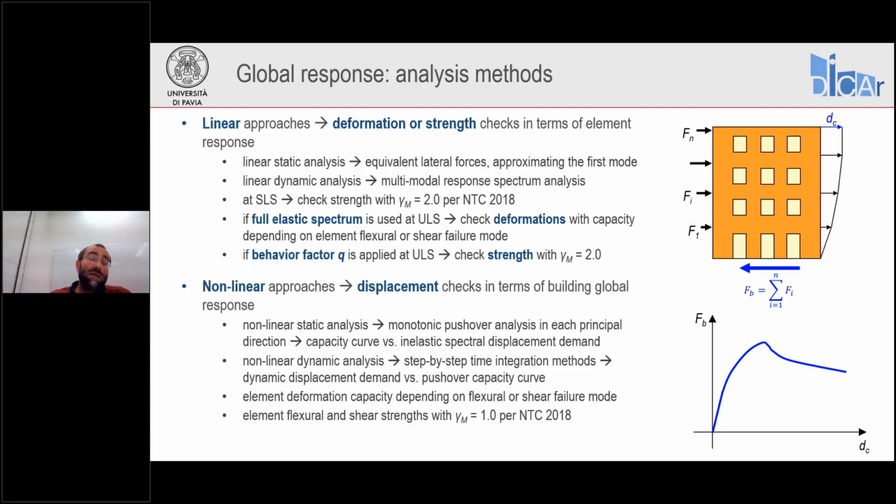In any case, we have to perform pushover analysis to obtain static capacity curves. In this case, when we model the elements, the deformation capacities of the element depend on the failure mode, shear or flexure, while the strength of the elements are calculated applying a gamma n factor equal to 1.0, as we were saying earlier.